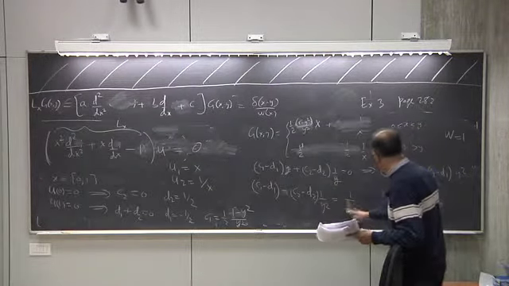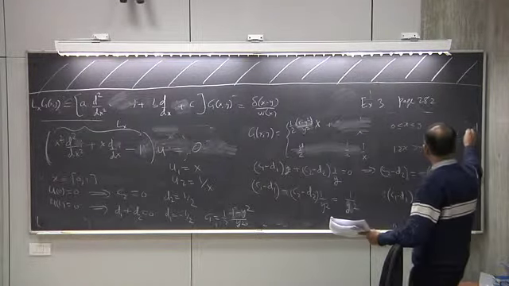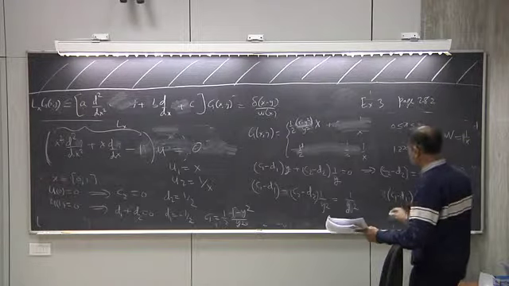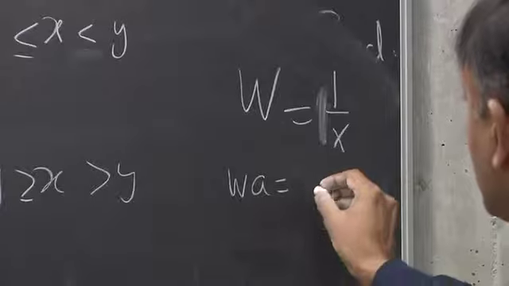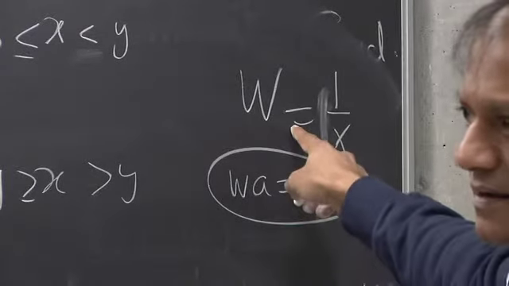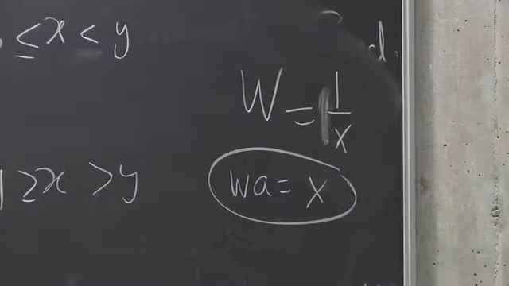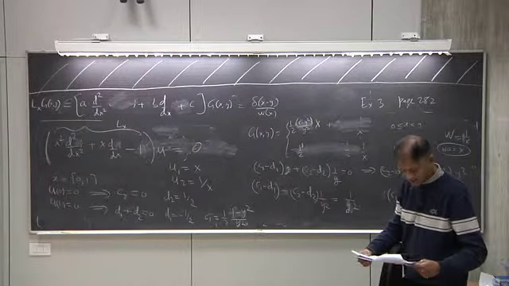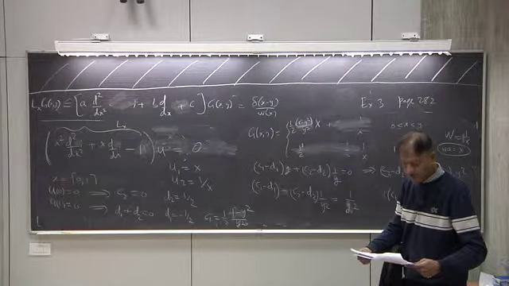I think they have taken the weight function. Maybe the weight is not equal to 1, but 1 over x, so that W times A will be x. I have a suspicion because they are referring to this equation. They are referring to the right side 9.32, with the result of example 2.